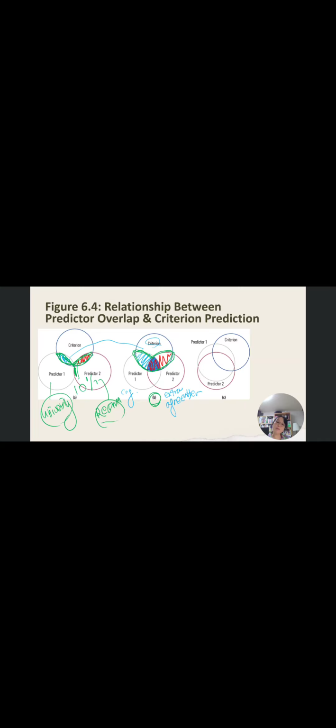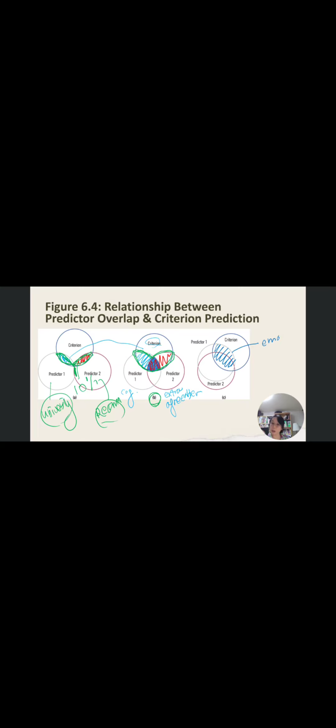Okay. Let's look at the C diagram, right? So I think this is very typical of a predictor 1. Maybe predictor 1 is the emotional stability. And this overlaps with the criterion.